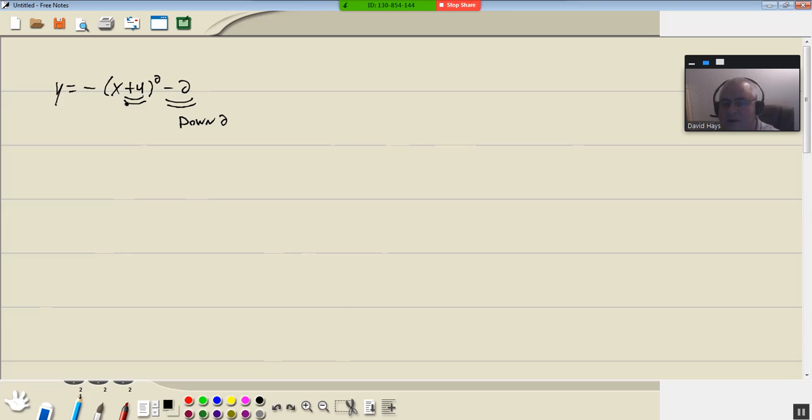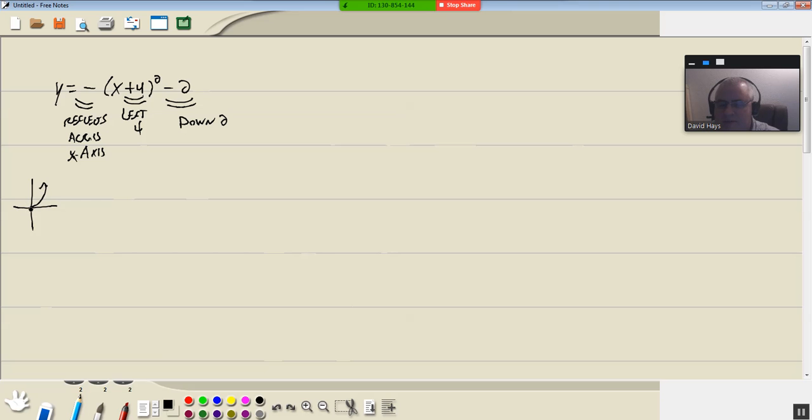The plus 4 here shifts left or right, opposite of what you think. Plus 4 would make me think right 4, so it's going left 4. And this negative out in front reflects across the x-axis.